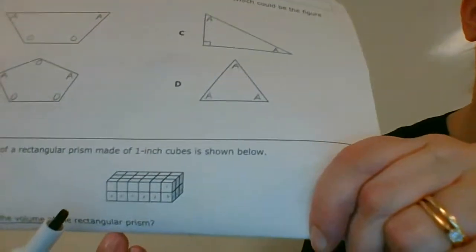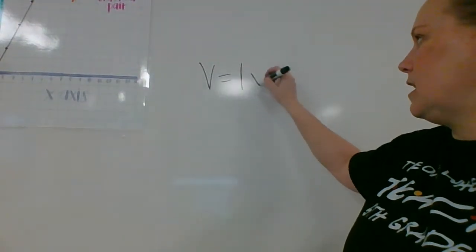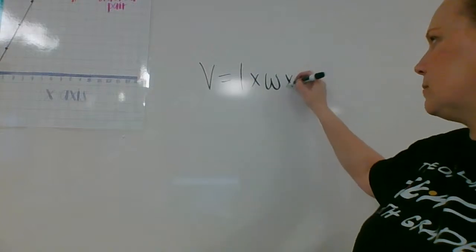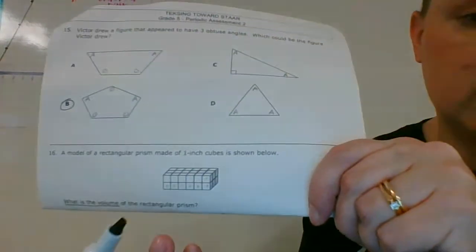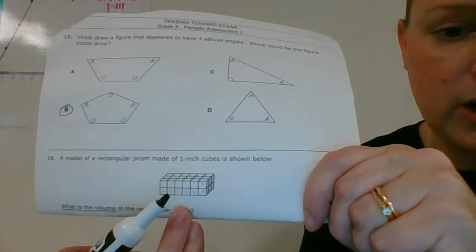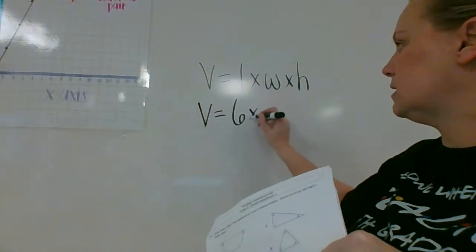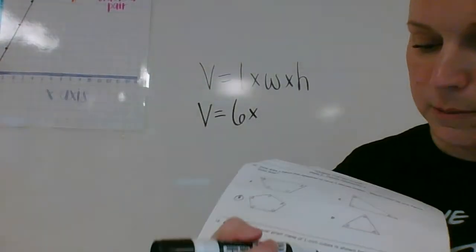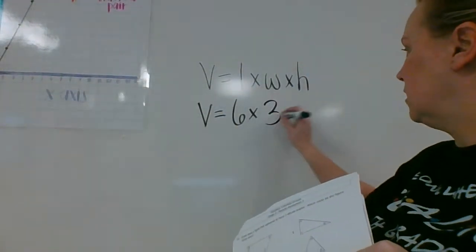All right, volume equals length times width times height. 3 dimensions for volume. So we've got 1, 2, 3, 4, 5, 6 for our length. So volume is going to be 6 units times 1, 2, 3 for its width.